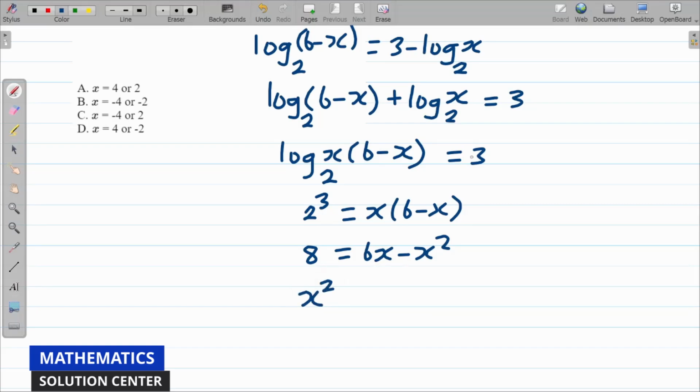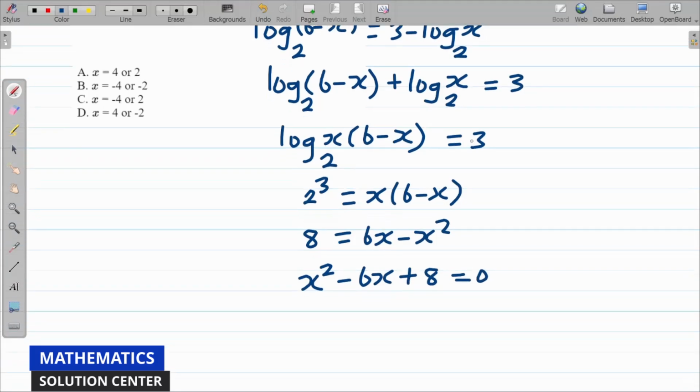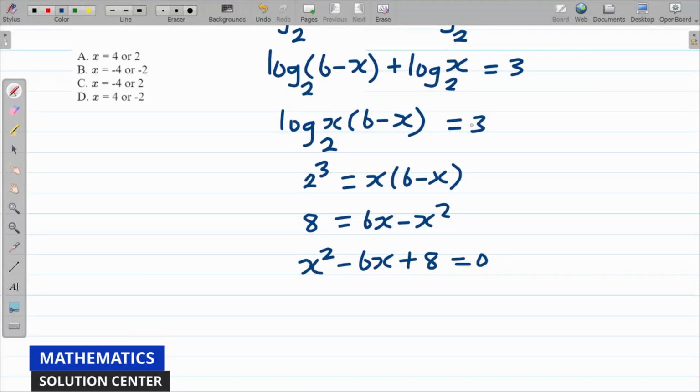So I have x squared minus 6x plus 8 is equal to 0. So we look for two numbers that can be multiplied together to get 8, and add together to get minus 6. So the two numbers are minus 2 and minus 4. So we have x squared minus 2x minus 4x plus 8 is equal to 0.